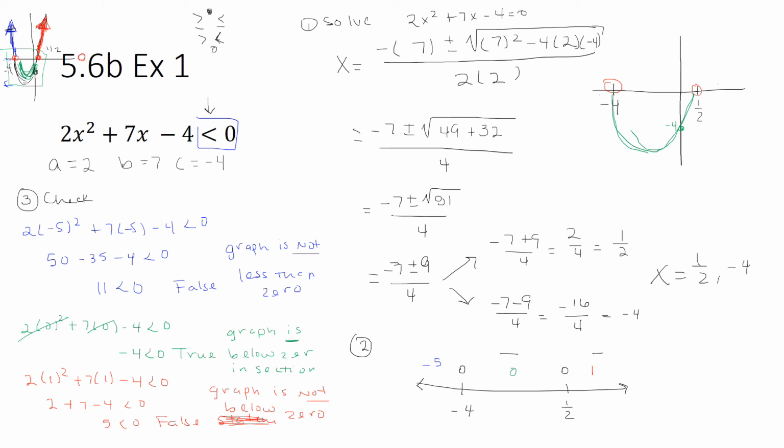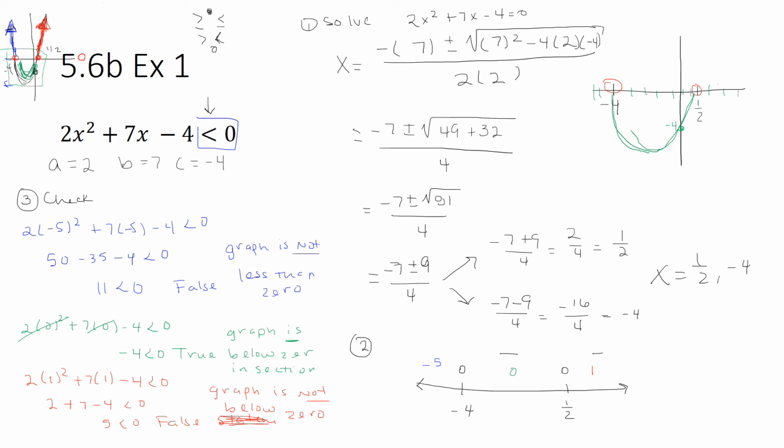So what we're looking for are the values of x. So remember, x are these numbers here. What values of x will give me this part of the graph? Well, that brings us back down to step number 2 over here if we look at our number line. If I get rid of this box, okay?